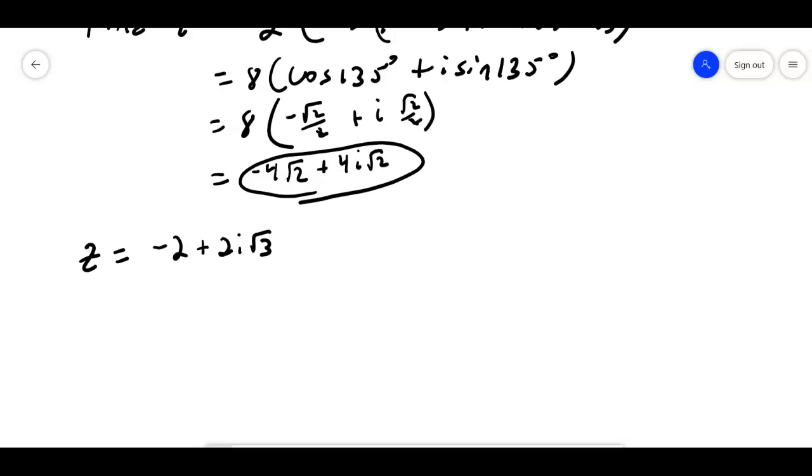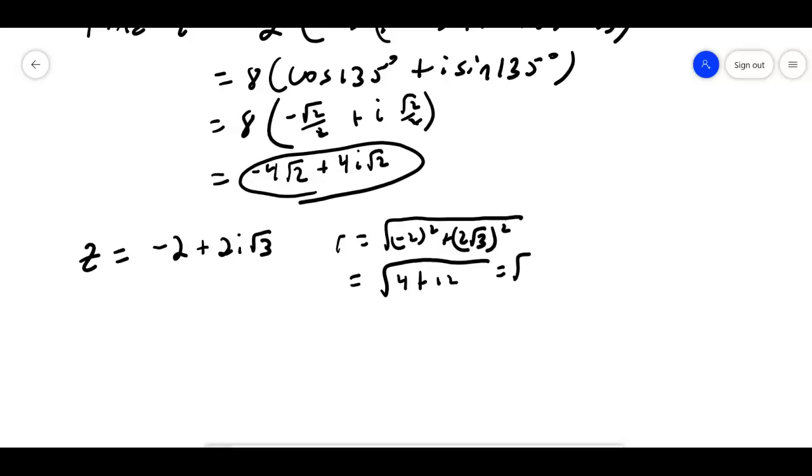So there's two main steps. You say, okay, the r is equal to the square root of negative 2 squared plus 2 root 3 squared. And so that is square root of 4 plus 12, square root of 16, and that's 4.